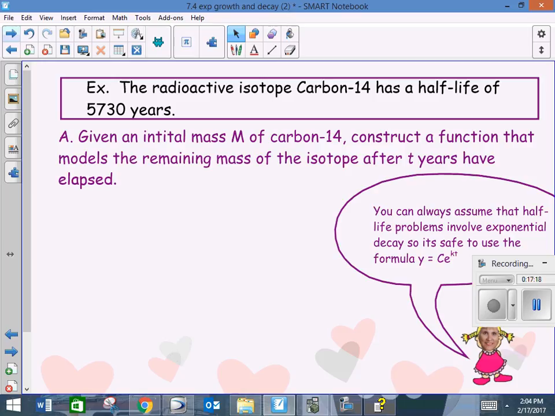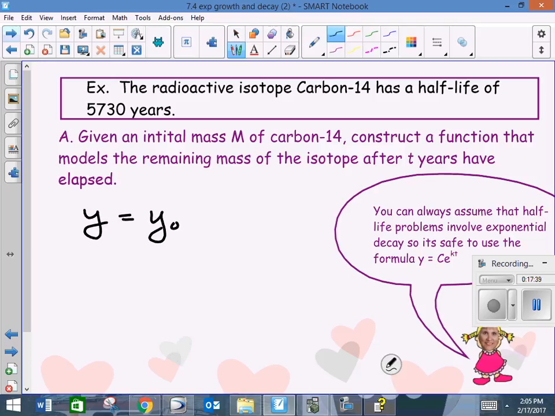Okay, so we don't have to work through this whole problem if we don't want, but the half-life problems are exponential decay. Okay? Construct a function that models the remaining mass. We know we have exponential growth and decay.